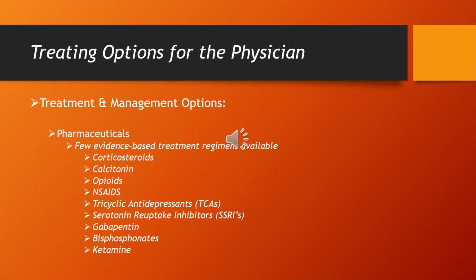Moving into tricyclic antidepressants and serotonin reuptake inhibitors. If you remember when we were discussing the pathophysiological mechanisms in our last installment, the substance P neuropeptides activated the mast cells that release histamine and serotonin, and that's associated with the acute phase symptoms. So the thought here is to provide a serotonin uptake inhibitor to reduce the production of serotonin.